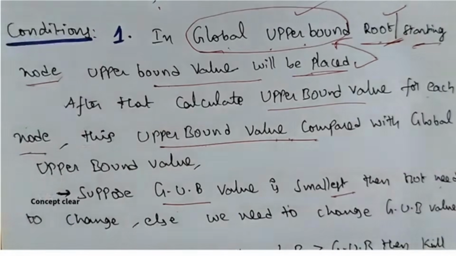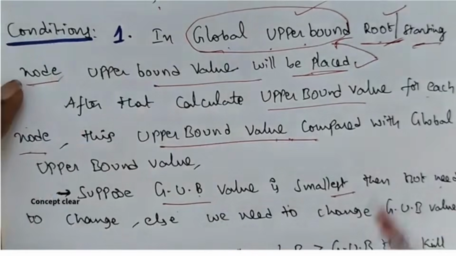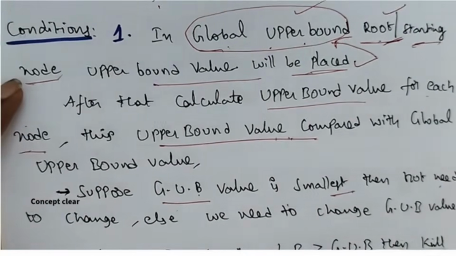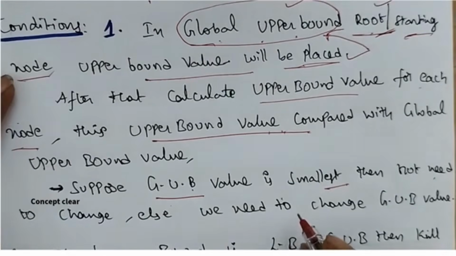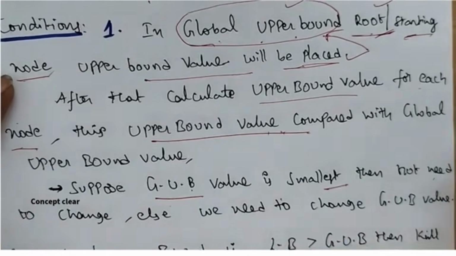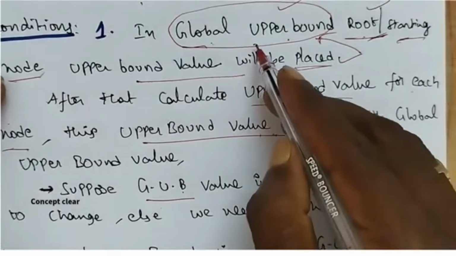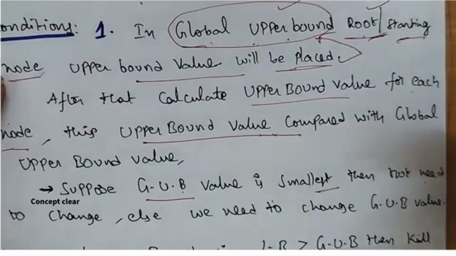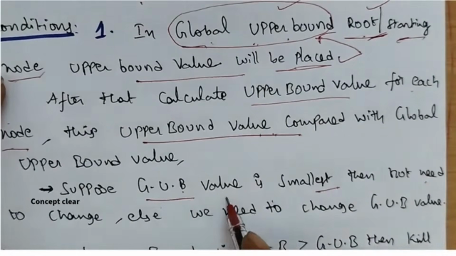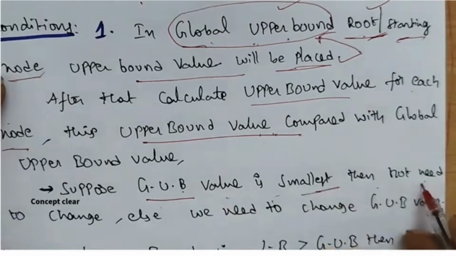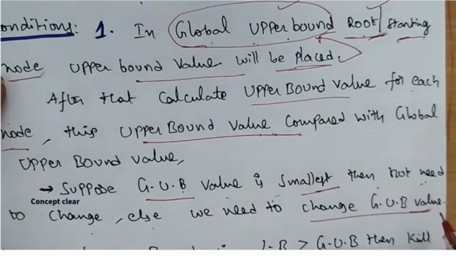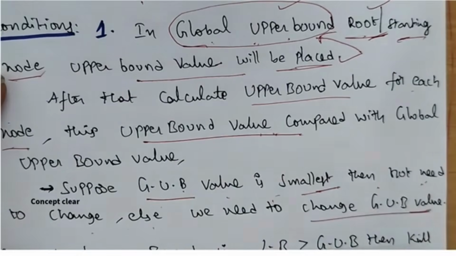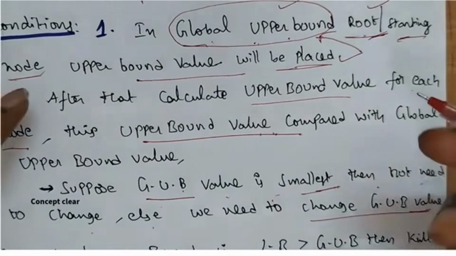Otherwise, we swap the global upper bound value with the upper bound value of the node whose upper bound value is the smallest.